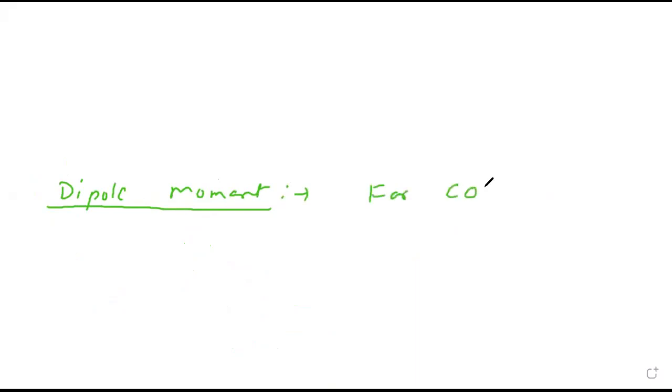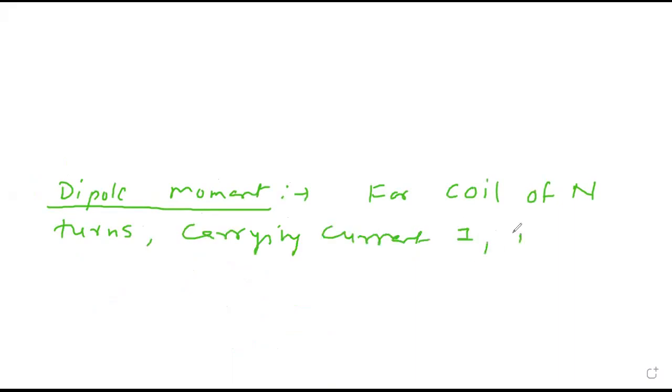Chalo, next part. Dipole moment for a coil of N turns carrying current I: dipole moment M equals N I A. A very important formula to be memorized by you.